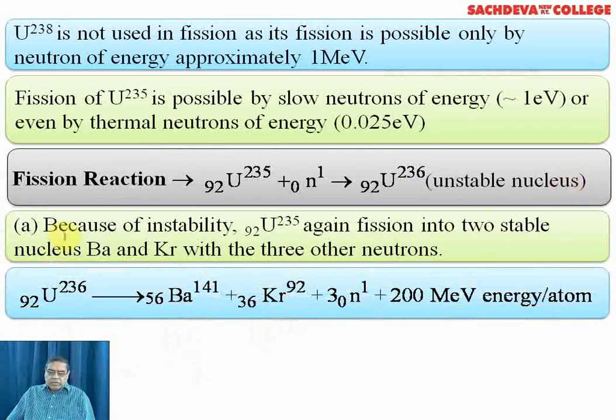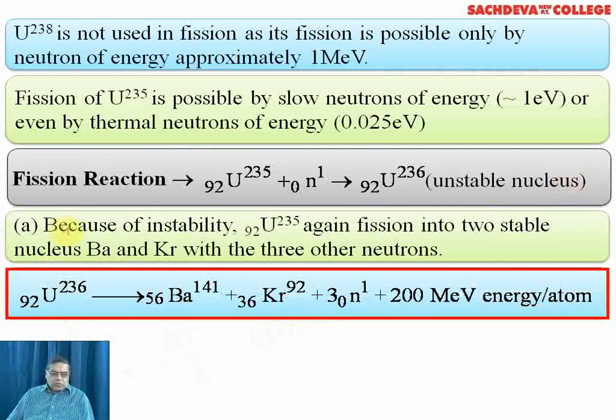The whole reaction is indicated as follows: 92 uranium-236, when it splits, gives rise to 56 barium-141, 36 krypton-95, then 3 neutrons and about 200 MeV energy per atom.